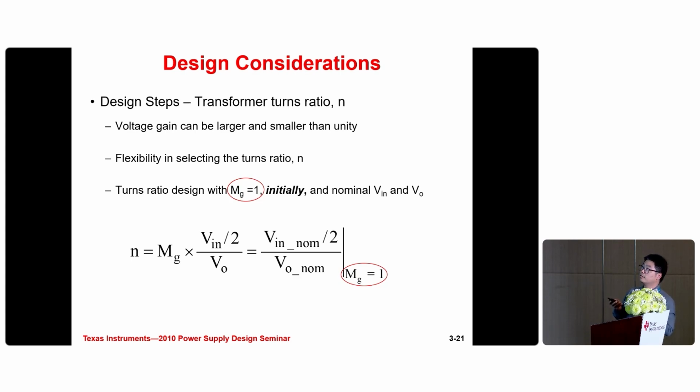That means when the input voltage and output voltage are at the typical value, and for most of the time the converter is working at the typical value, so if we just set the turns ratio to 1, we will get the best performance for the LLC converter.